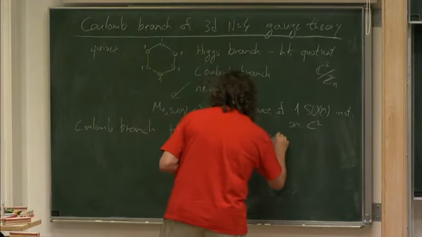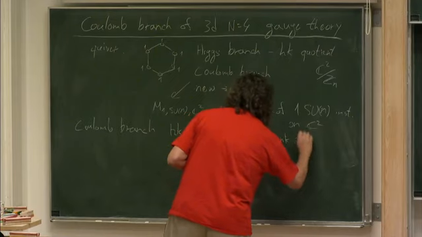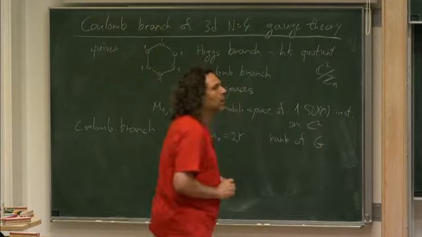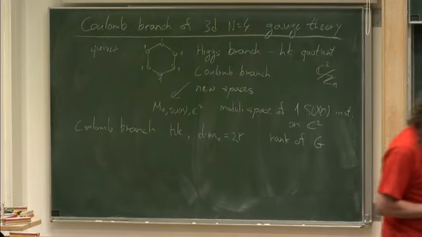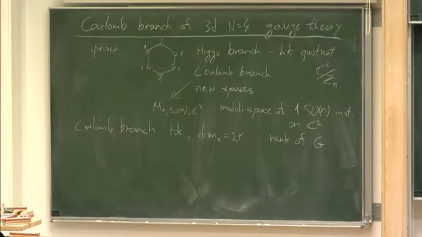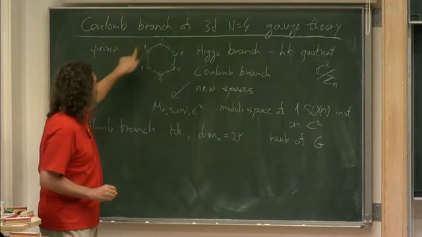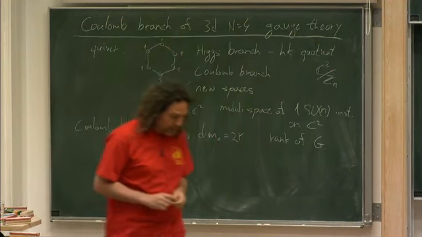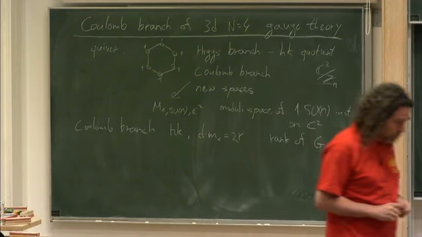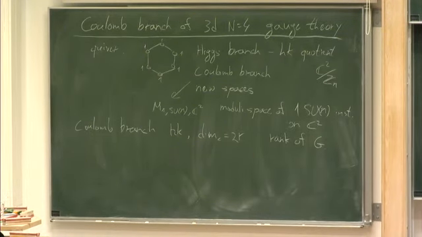So R is the rank of a gauge group, and we will denote the gauge group by G. So in this particular example, the total rank is 6, and so the dimension of the moduli space will be 12 complex.